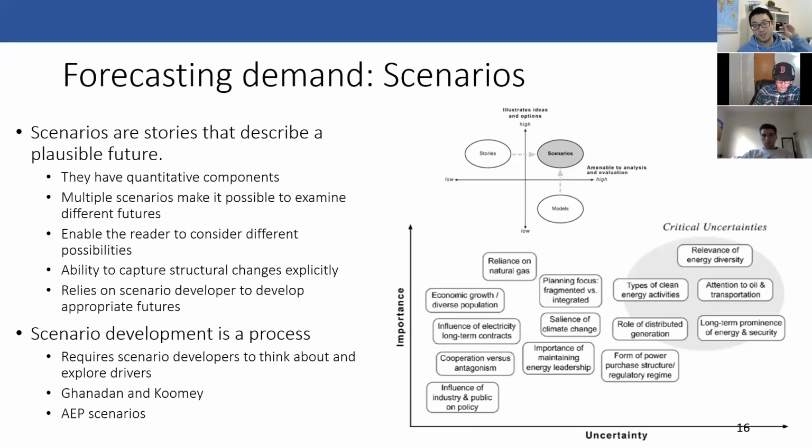But if you focus on a particular driver, with a lot more emphasis on one particular scenario being driven by one parameter or set of parameters, that can be really helpful, especially in really targeted regulation or policy.